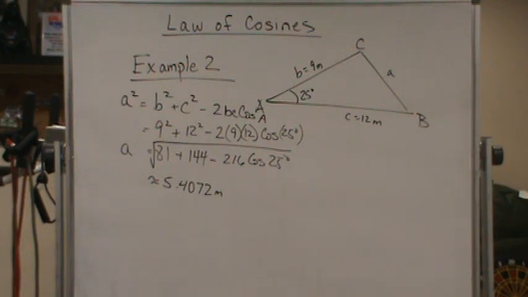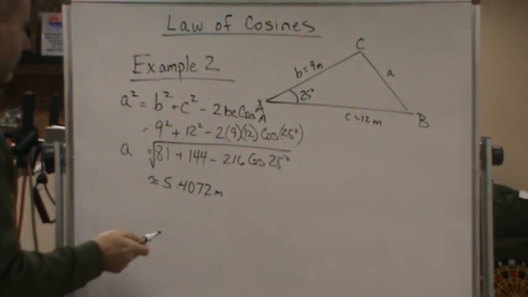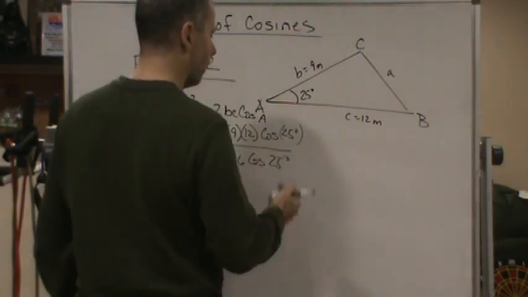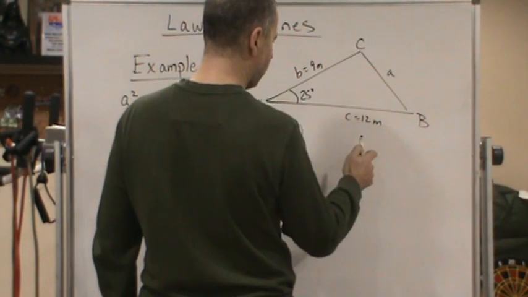And because we know A, and we know the angle A, and we know side B, we're going to use the reciprocal form of the law of sines, right? So we know this has to be acute, so let's find B.